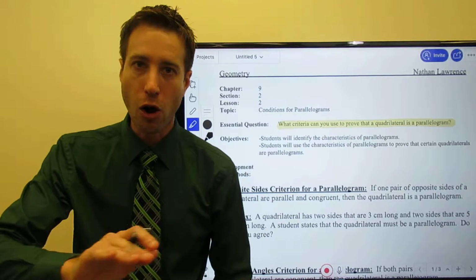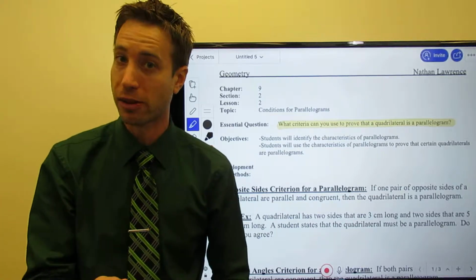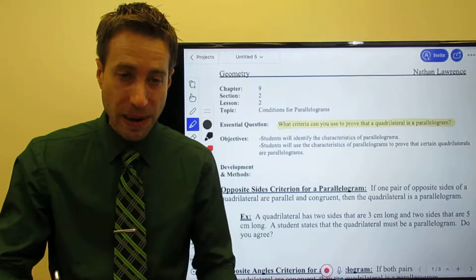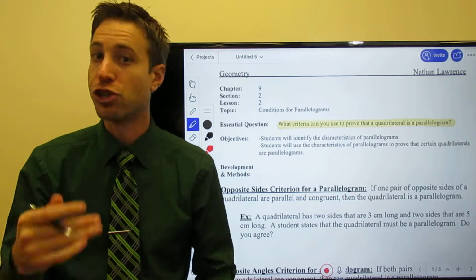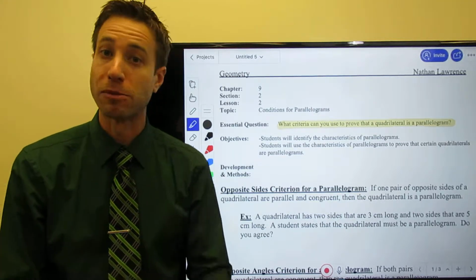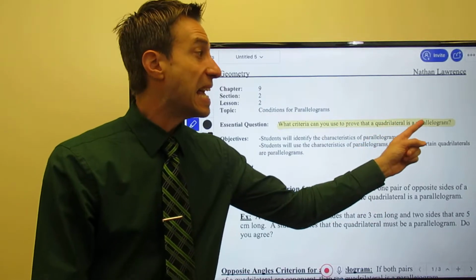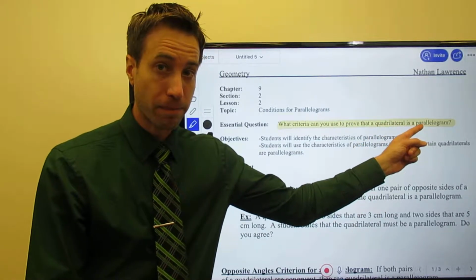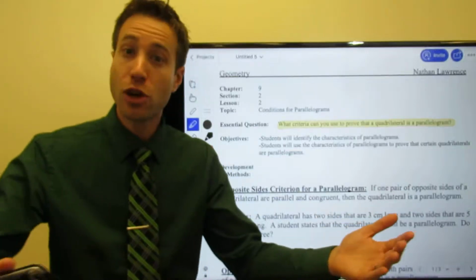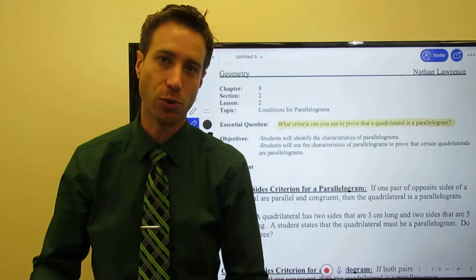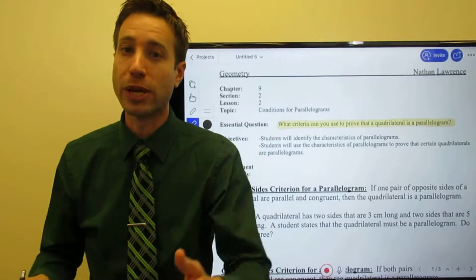Because remember, not all four-sided figures will be parallelograms. If it is a parallelogram, we know about lots of relationships we can use to help us solve problems. But you must be able to show that the quadrilateral is a parallelogram. How do we do that? That's a great question, and that's the question we're going to answer here in this set of notes.